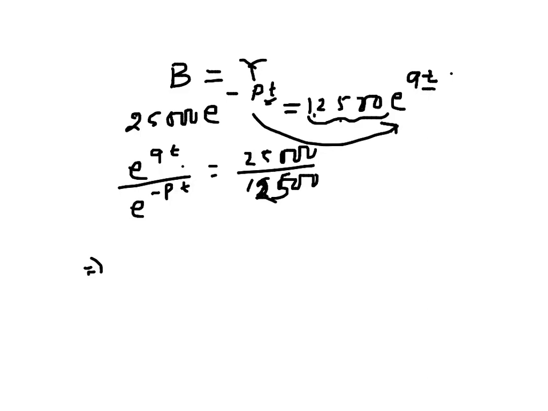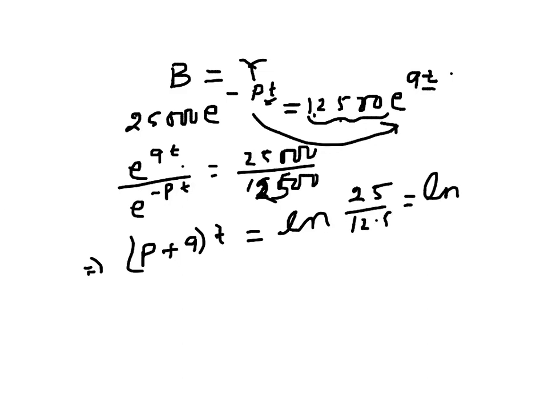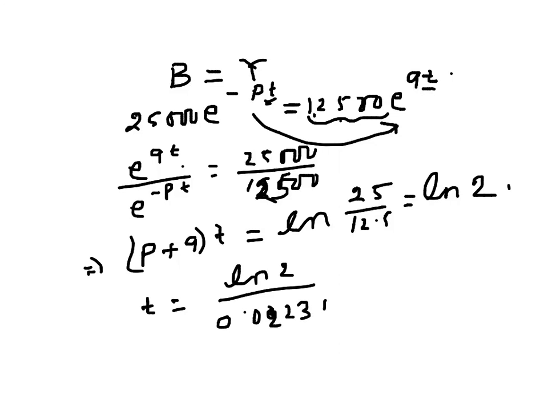So this becomes p plus q, because p goes on top, times t if we take the ln here, and this is 25 over 12.5, which is ln of 2. So t becomes ln of 2 over 0.0223 plus 0.018, and by solving we get something like 17.1 years.